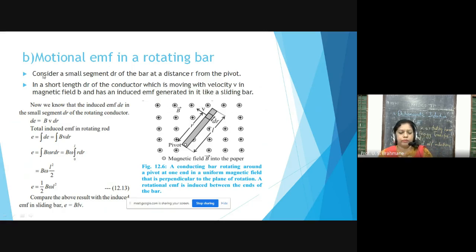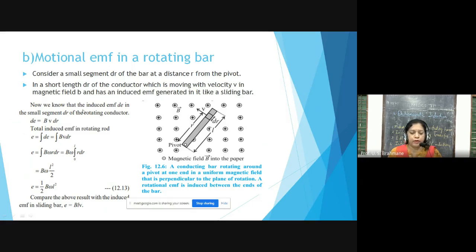Then consider a small segment dr of the bar at a distance r from the pivot. In a short length dr of the conductor, which is moving with velocity v in the magnetic field B, an induced EMF is generated like in a sliding bar.